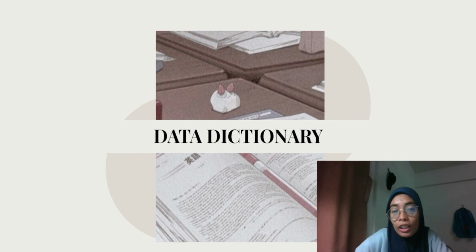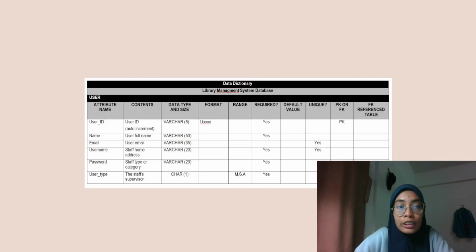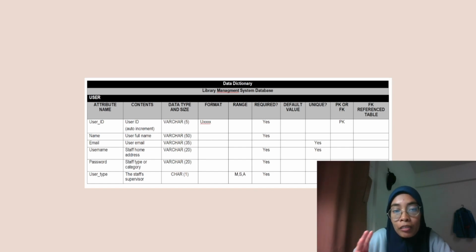So today I'm going to talk about the data dictionary 2, which is the user data dictionary. We have the user ID, name, email, username, password and user type. As for the user ID, we have it as auto increment with the custom format for U followed by 4 digits.